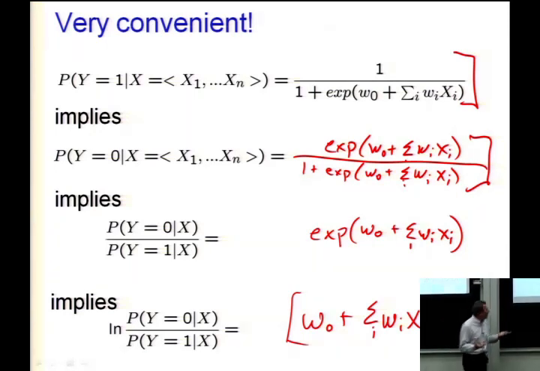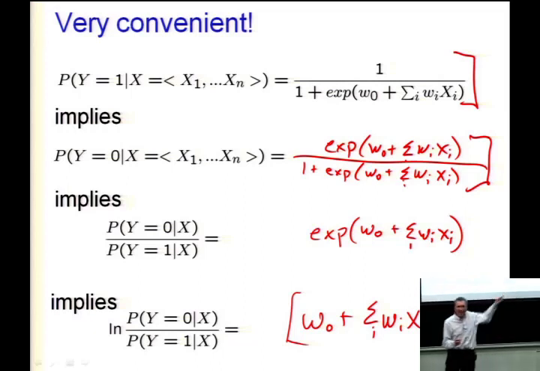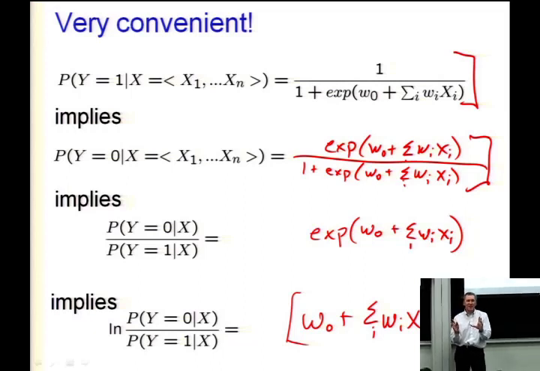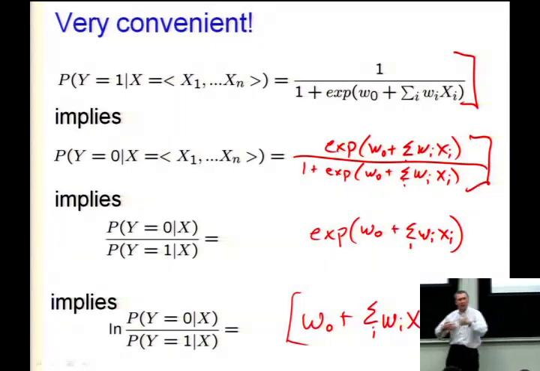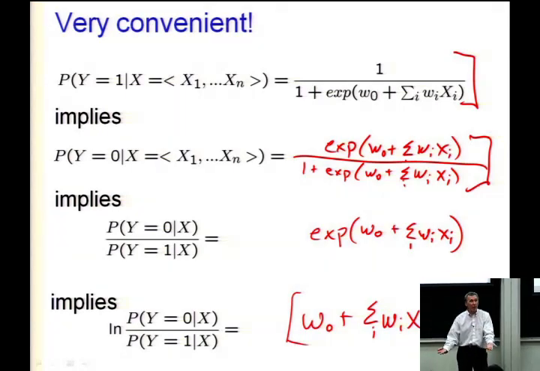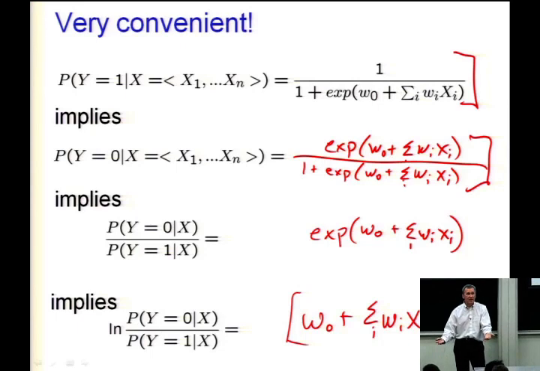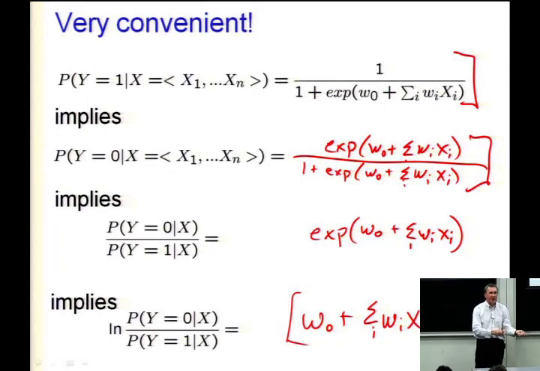So this is really cool. What we've done is we found a set of assumptions where, if we work through from the starting point of Bayes' rule plus those assumptions, we can figure out the probability that y equals 1 given x and y equals 0 given x.